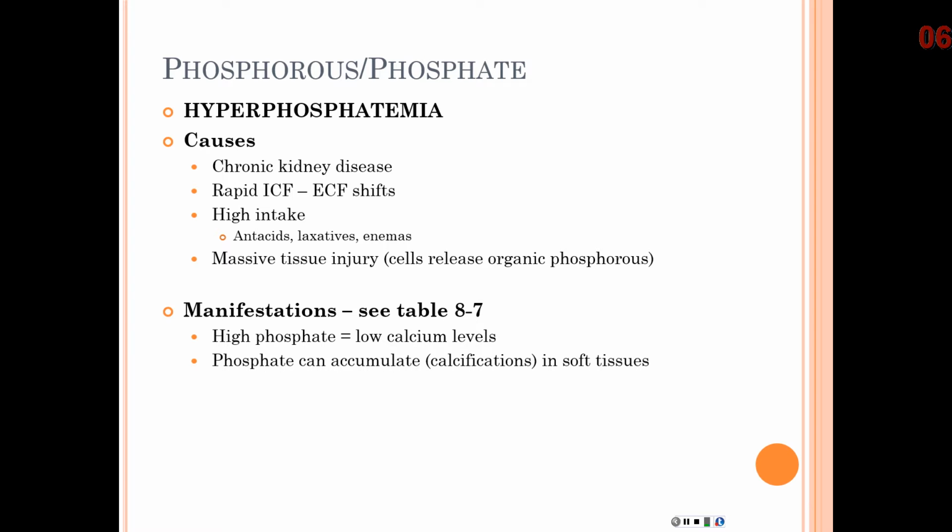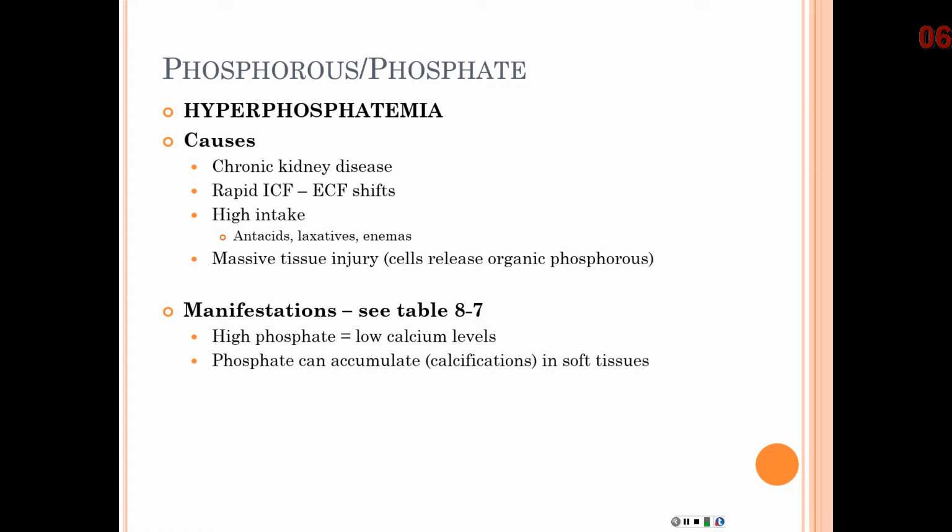When you have massive amounts of cell death, even in hypoxic conditions, that phosphorus is being released from the cells. The cell membranes break down. All the phosphorus that made up the phospholipid bilayer is now released into the extracellular fluid, interstitial space, and that can cause the levels of phosphate to go high rather quickly.